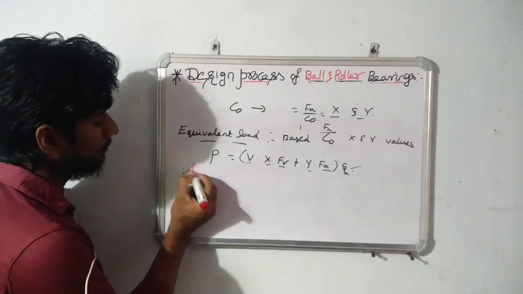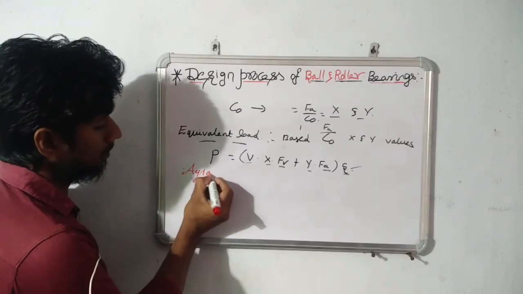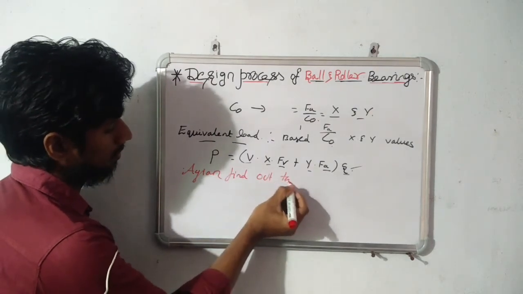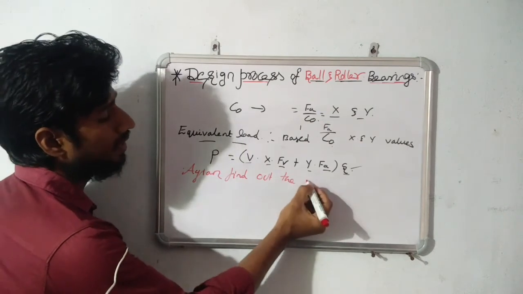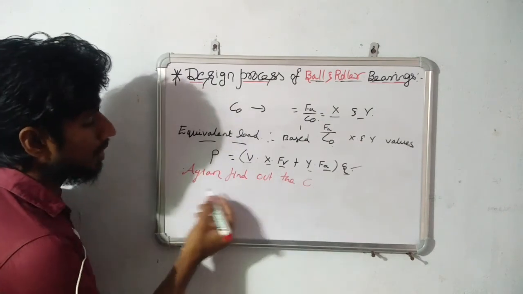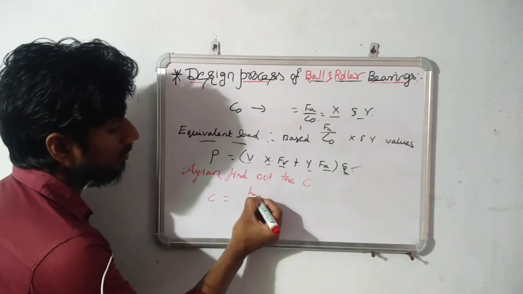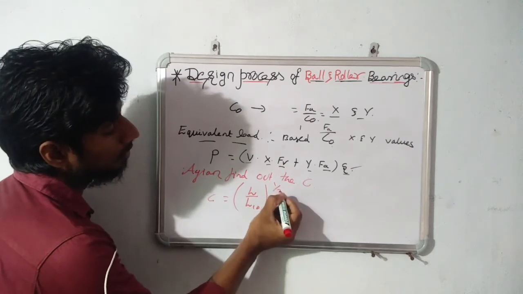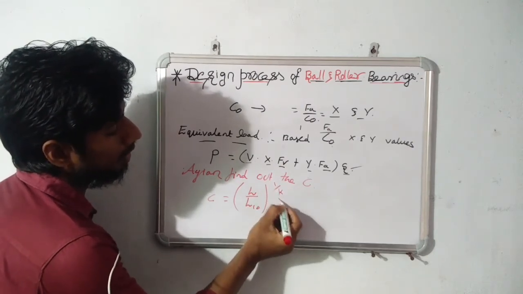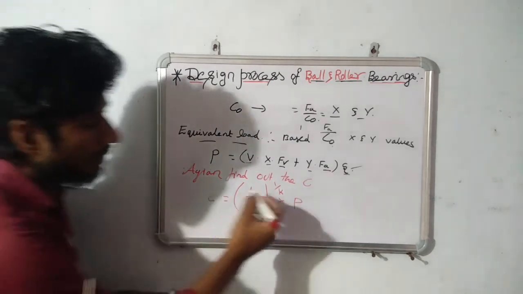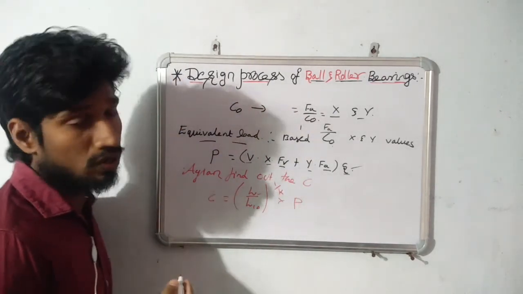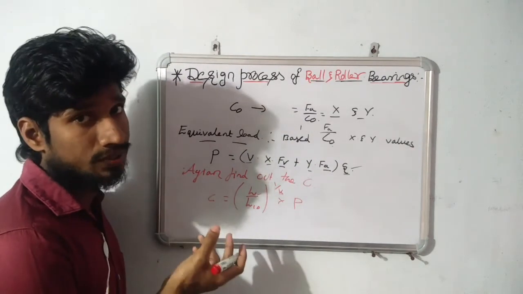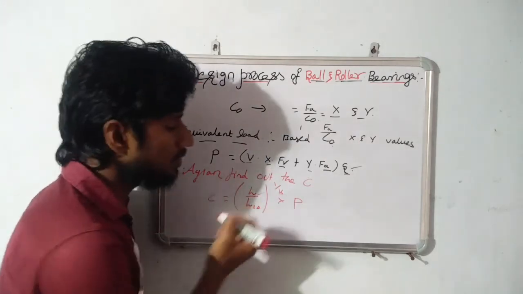Again, find out the dynamic capacity value. The dynamic capacity C equals (L by L10) whole power 1 by K, into P. Here also the life of bearing in million revolutions is common, and the exponent, if it is a ball bearing application, that value is common, or for a roller bearing, that value is common.